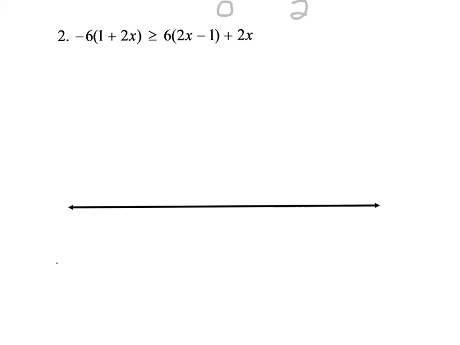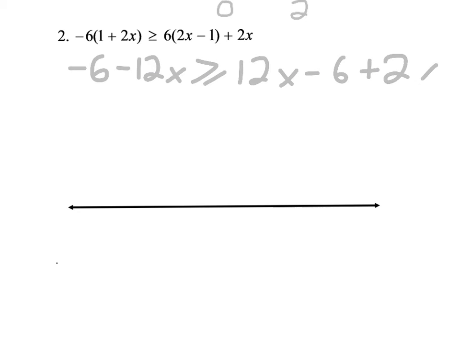So question number 2. First step, distribute. So you get negative 6 minus 12x, is greater than or equal to 12x minus 6 plus 2x.